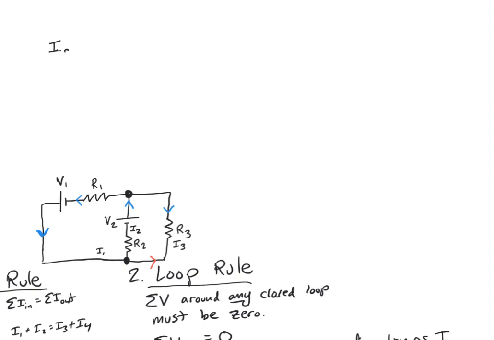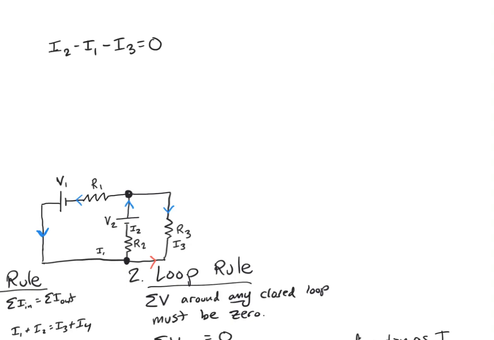Meanwhile, I've written that I1 is leaving because I1 is going this way, and that I3 is also leaving. And so this tells me, where I've put in magnitudes here, that this is the equation relating our currents together through the top.